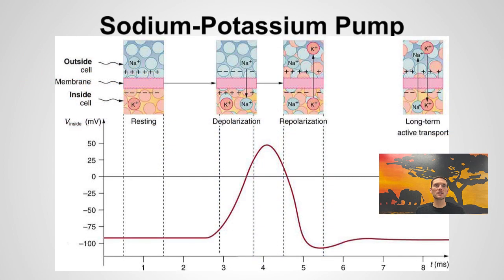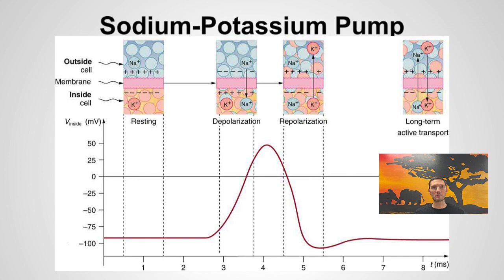Voltages are created due to an imbalance of positive and negative charges. If there's a negative charge inside, there are more positive ions, such as sodium, outside of the cell. If the voltage is below negative 50 millivolts, which is a measure of electric potential, the channel remains closed. If the voltage rises above negative 50, the sodium channels open up and allow positive sodium ions to diffuse in.